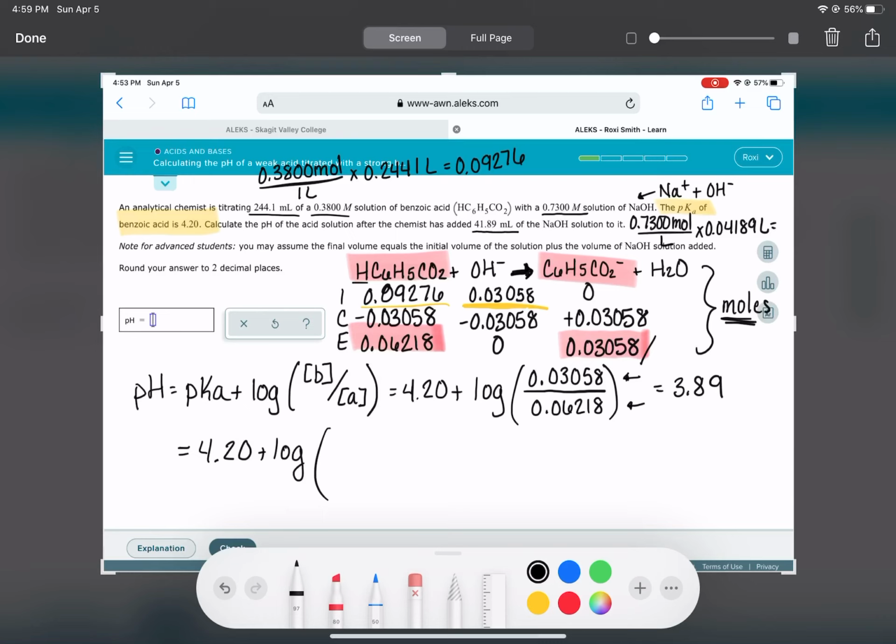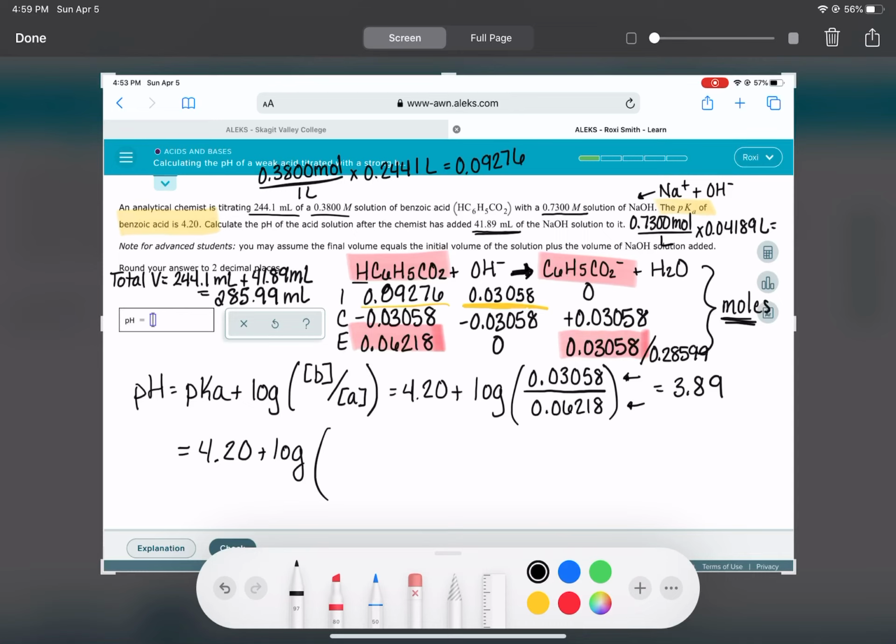The total volume is, I'll do it over here, total volume 244.1 milliliters plus 41.89 milliliters. 244.1 plus 41.89. That is 285.99 or 0.28599.